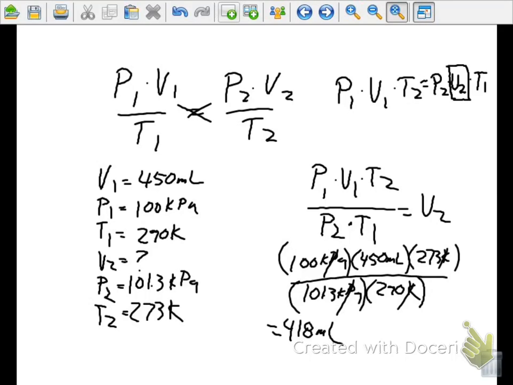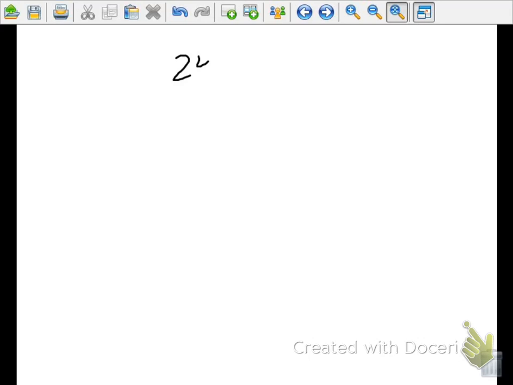You can put it on the same page. 248C and 273.